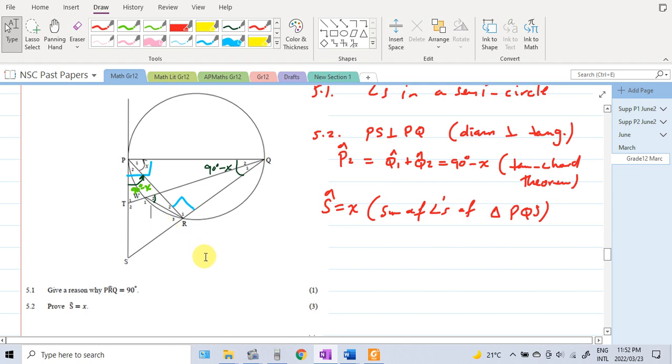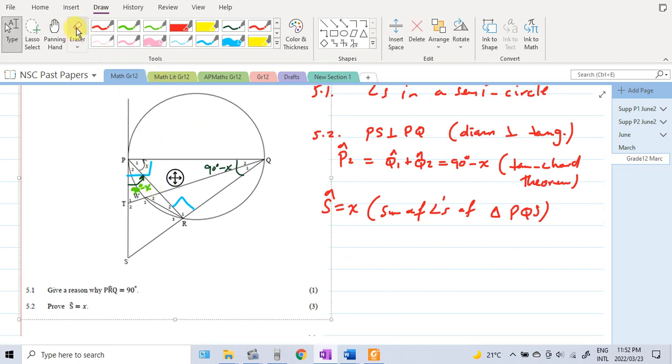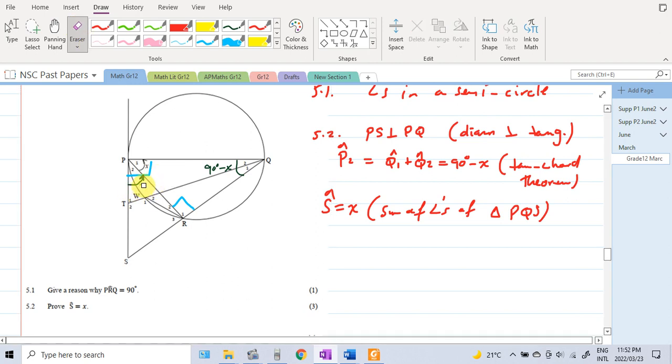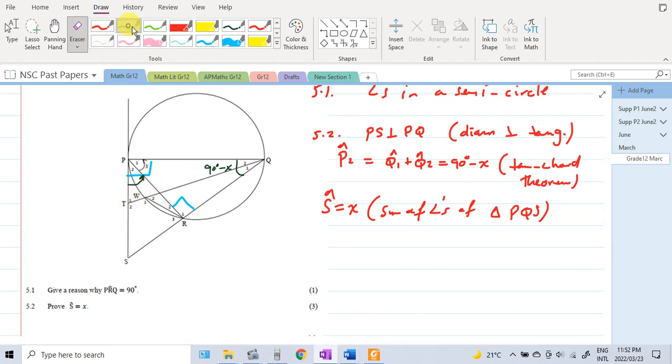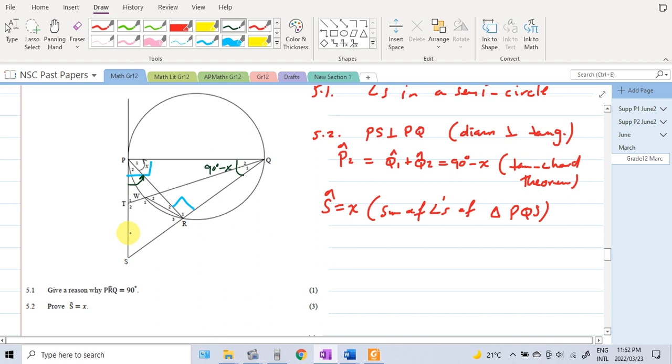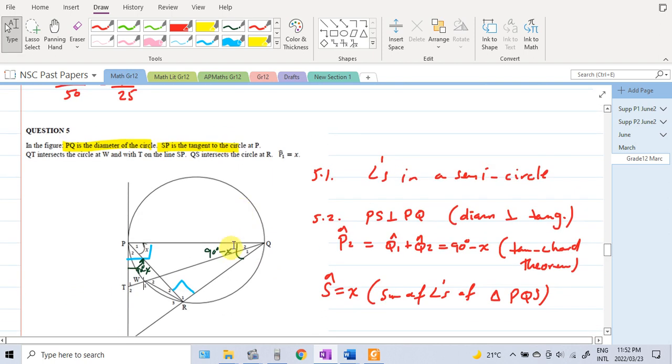Okay, so what's the other approach? What else can we use here? We do have 90 degrees minus x there, and we have 90 degrees minus x here. Remember, what did they tell us about any information about angle Q1 and angle Q2?